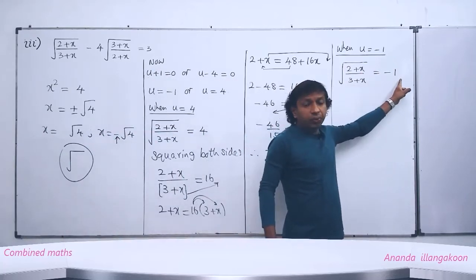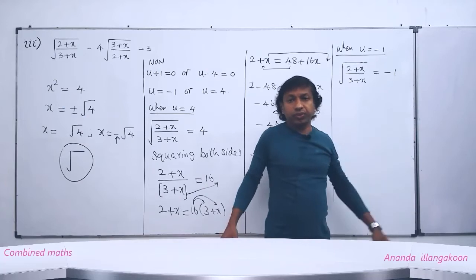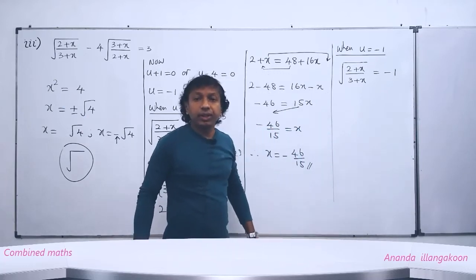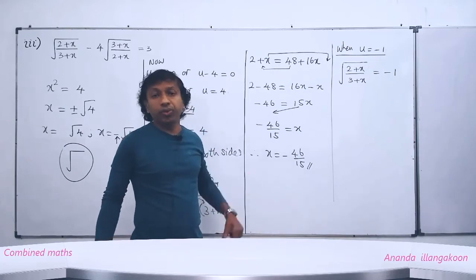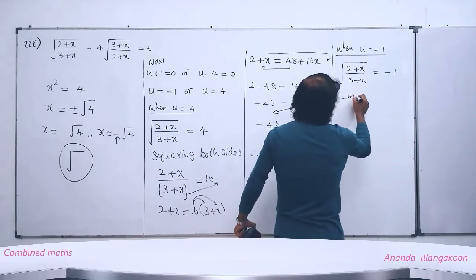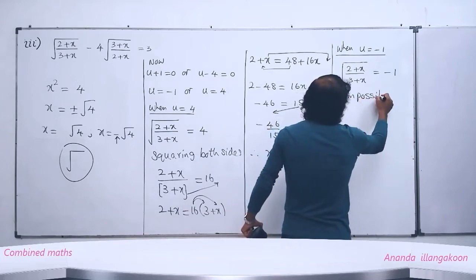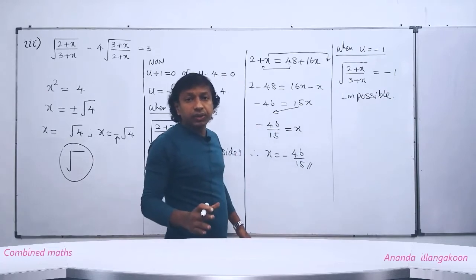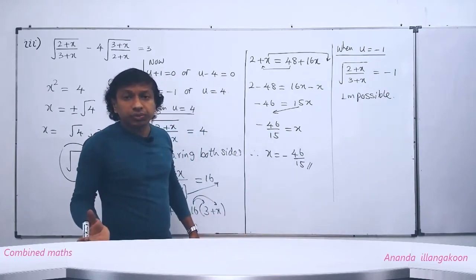That being equal to a negative value is impossible. Therefore, by u equals minus 1, we won't get any solution. This is impossible. Then u equals minus 1 does not give any solution.